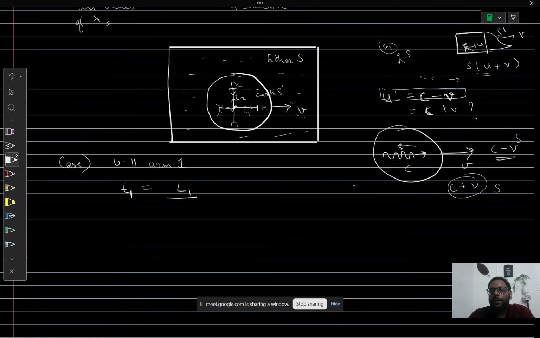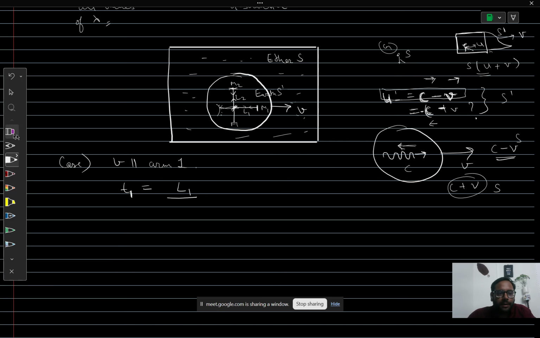But in the S prime frame, you will calculate the velocity and get c minus v when they are in the same direction. But when they are in opposite directions, we will get a different kind of thing.